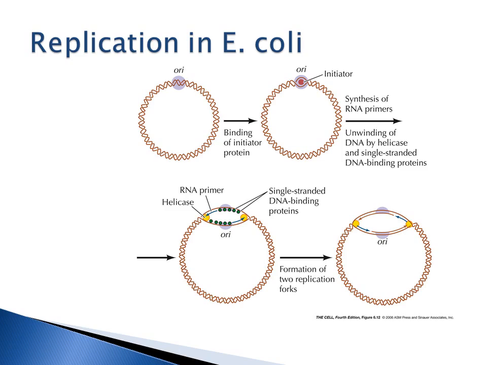You're going to have single-stranded DNA binding proteins to keep those two strands separated from one another. You're going to have RNA primers that are made to initiate replication of that strand. That replication occurs in two forks, and so each strand is being replicated at the same time.